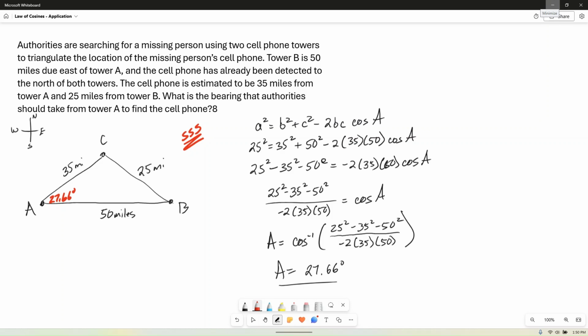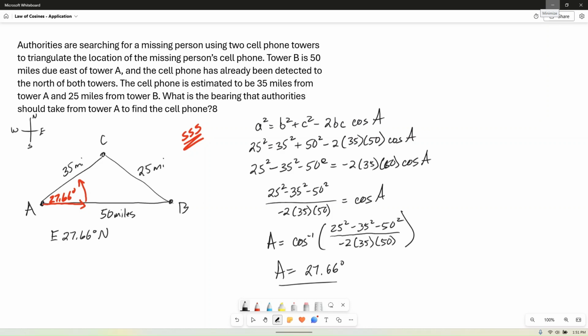The 27.66 degrees is a measurement from the horizontal line that we are rotating upwards. That's a measurement from the east rotating upwards. So if I wanted to write that as a cardinal direction, I could write that as east 27.66 degrees north. That means I'm starting facing the eastern direction and I'm going to angle upwards, or angle to the north.